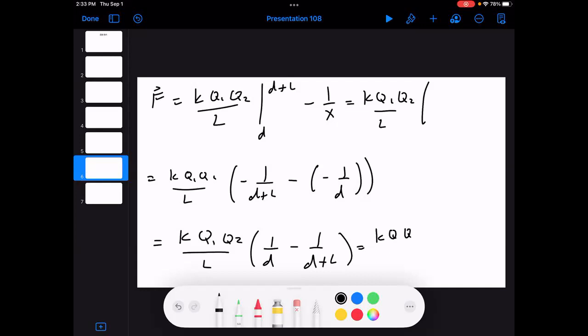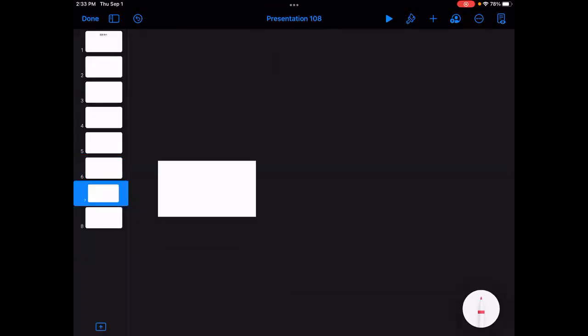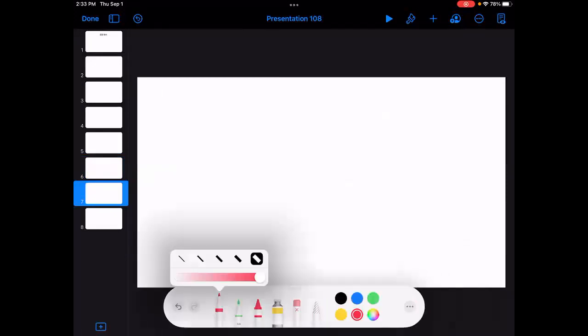Okay, Q1, Q2 over L. And so I have D plus L minus D over D, D plus L. And my D's cancel out on top. Notice my L is also going to cancel out with that L. And I'll be left with a semi-recognizable formula, I hope.